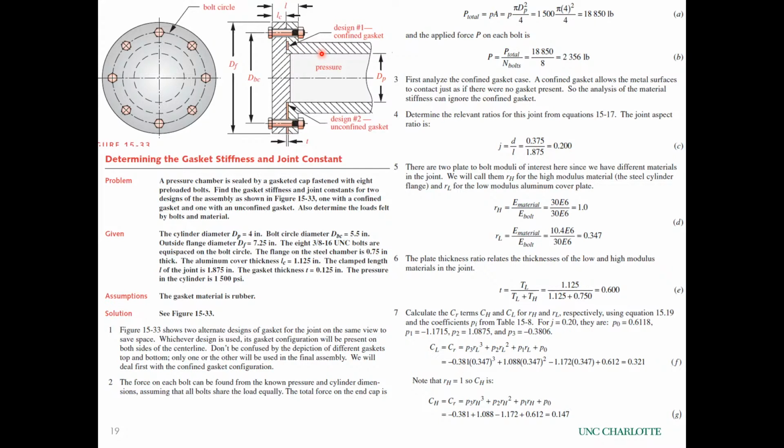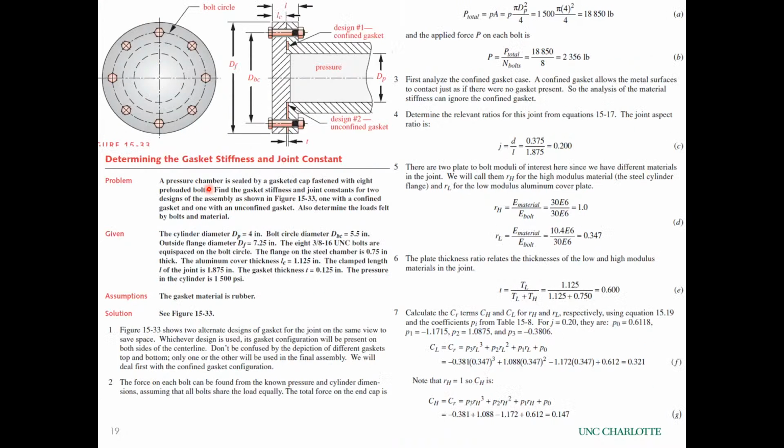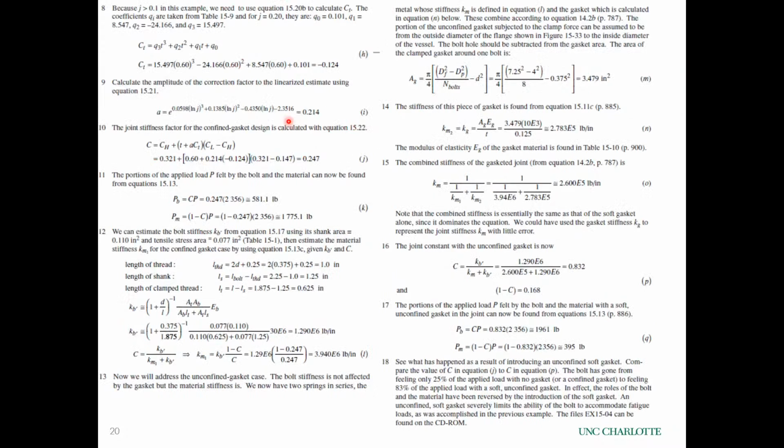Okay, so in the case where you have a confined gasket, then the load in the bolt is 581 pounds, and the load in the material is 1,775 pounds. When you introduce an unconstrained gasket, or unconfined gasket, here that goes through and completely separates that joint, then the load in the bolt goes up to almost 2,000.